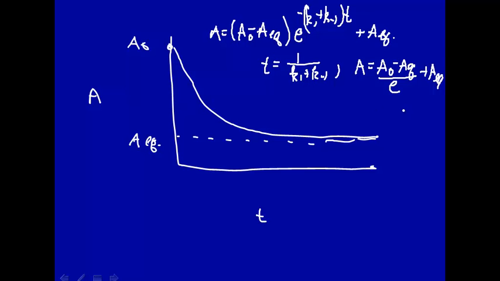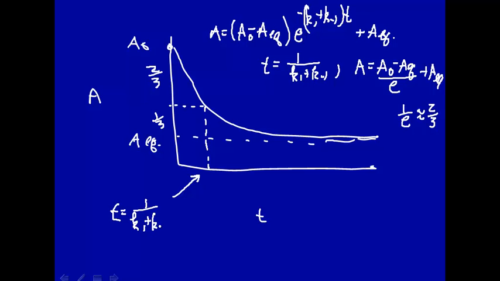And 1 over e is about equal to 2/3. So what one does is look at the time by which the reaction decays by 2/3. This will be 2/3 here, and this will be 1/3. This is approximate. That time will be equal to 1 over the sum of the rate constants, k1 plus k minus 1.